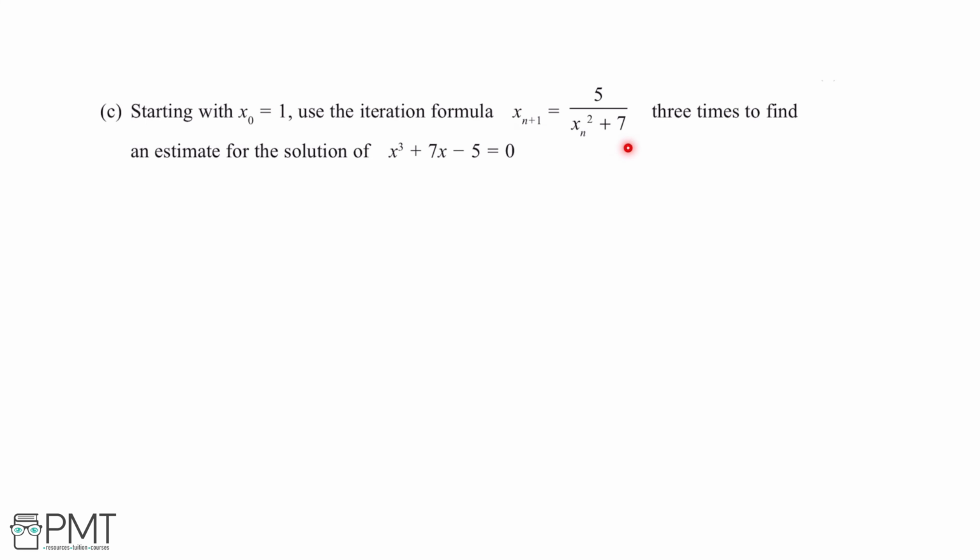So we can use this equation by starting off with x0 and repeating this 3 times until we get the answer for x3. So x1 is equal to 5 divided by x0 squared plus 7. We can substitute in the value x0 equals 1 into this equation. And this tells us that x1 is equal to 5 divided by 1 squared plus 7.